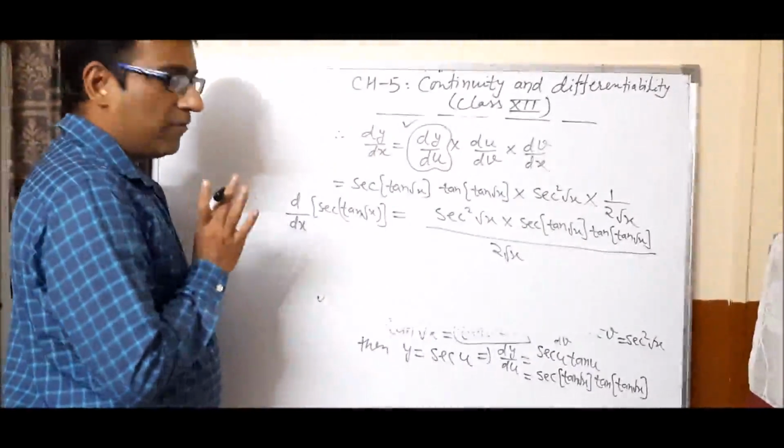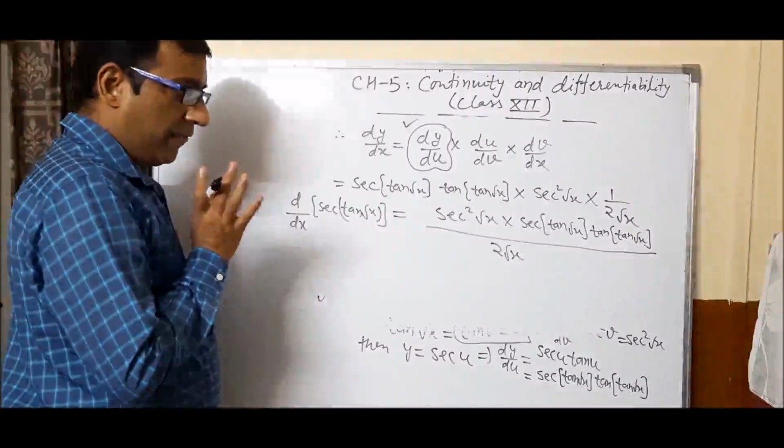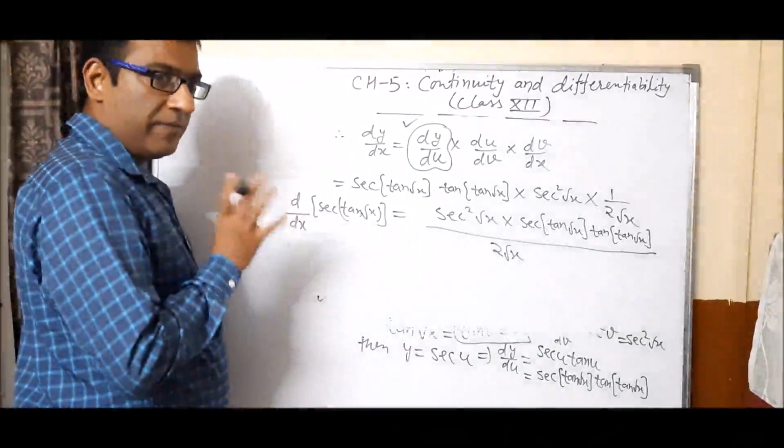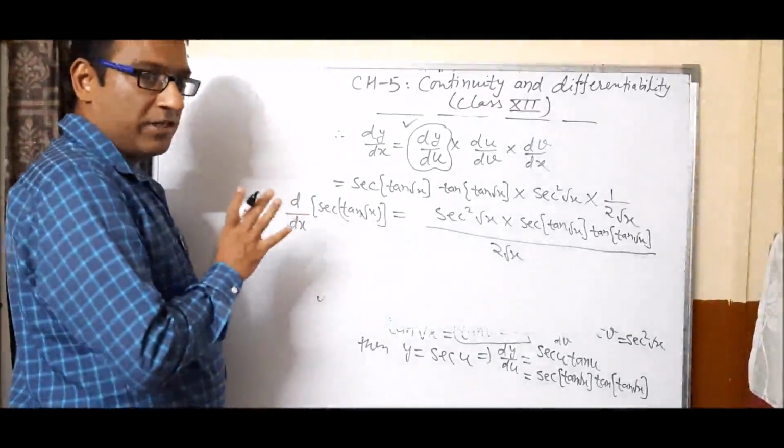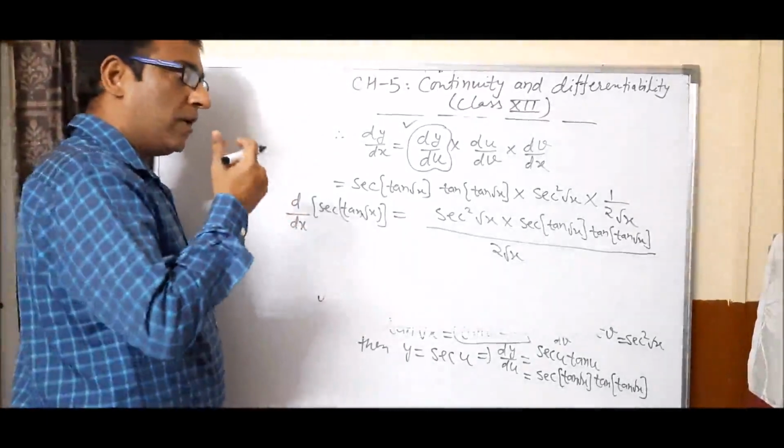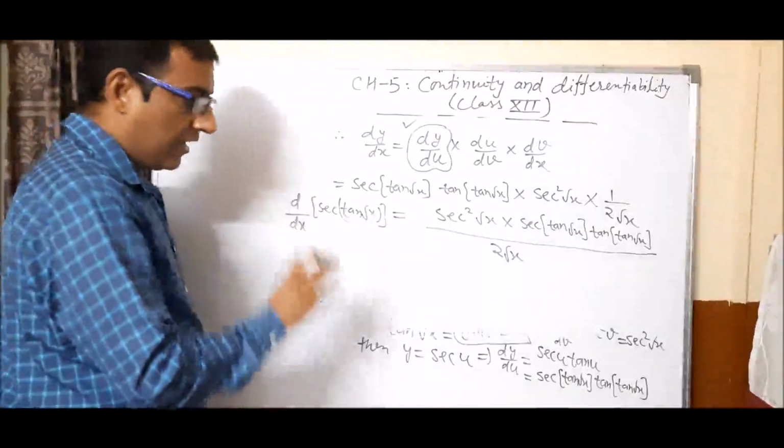Now I am solving the same question with the help of an alternate method, because as I said, the chain rule is not necessarily best. It depends on you whether you want to continue with the chain rule or the alternate method.